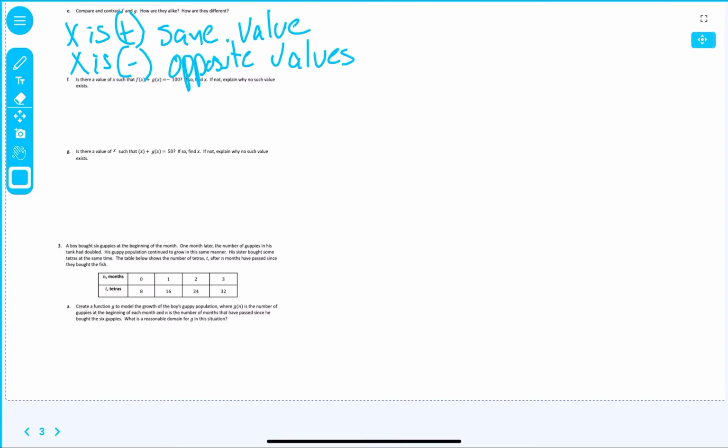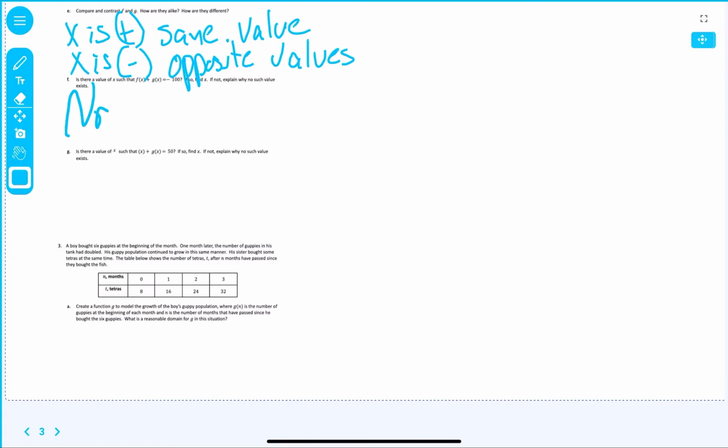That's a true statement, but could you still get a negative 100 if both were not negative? What if one was a negative 200 and the other one's a positive 100? They would both be negative, but you could still get a negative 100. So what would we say? It is false, but f and g are either going to be both 0 or both positive numbers, right? You're not ever going to have anything that's going to be less than 0, right?